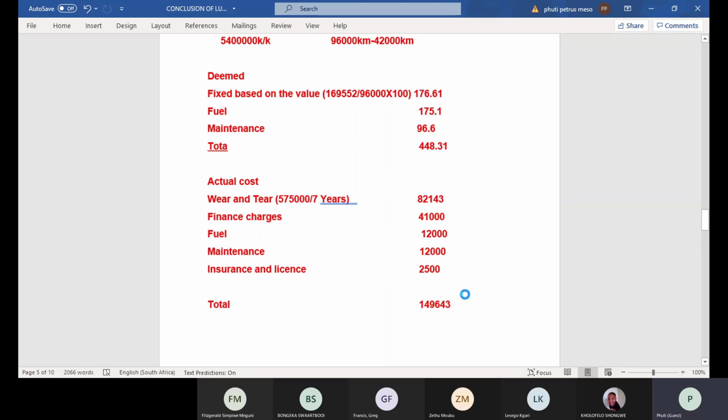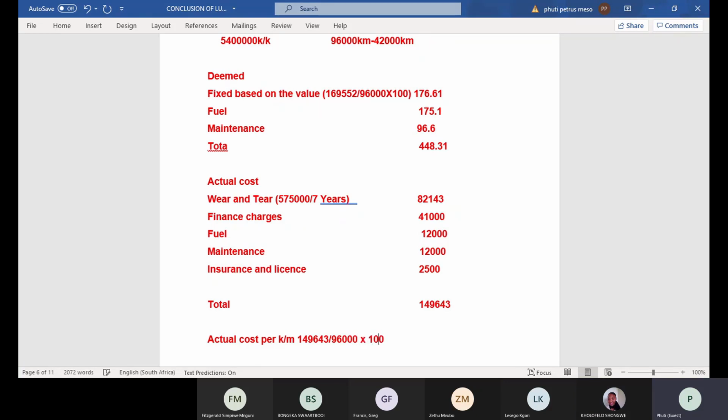All right, your actual cost per kilometer is going to be 149,643 divided by the total kilometers. The kilometers are 96,000.